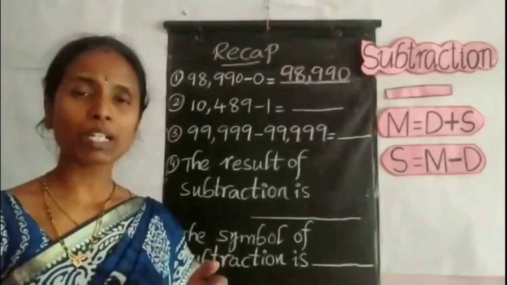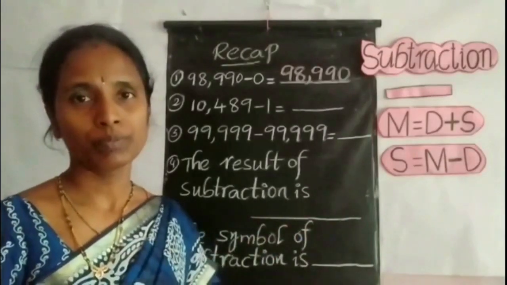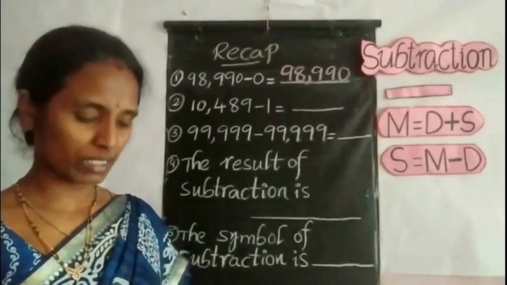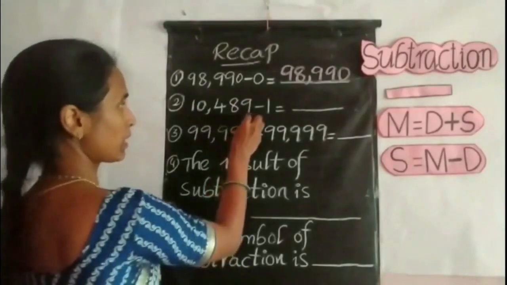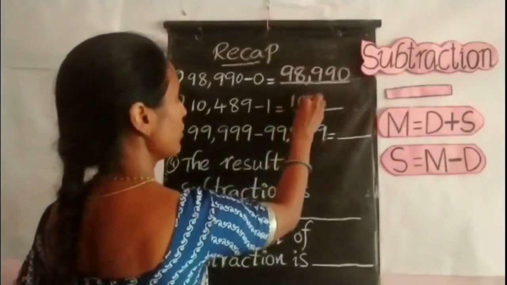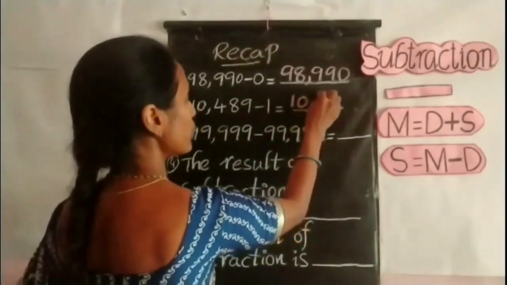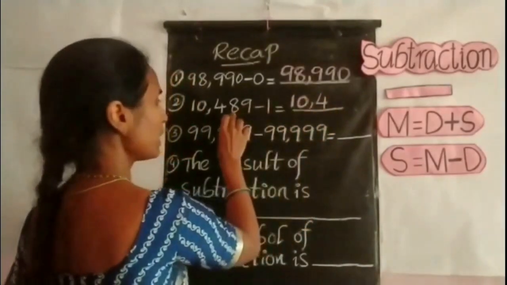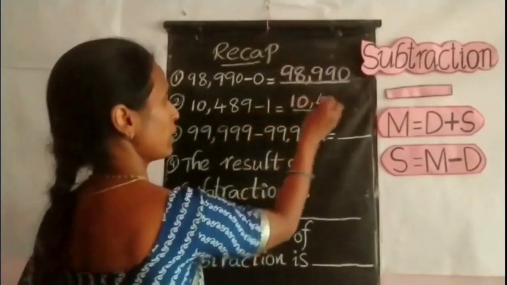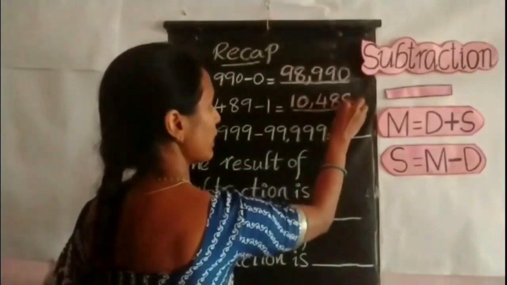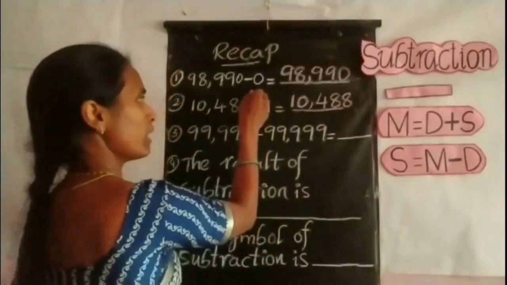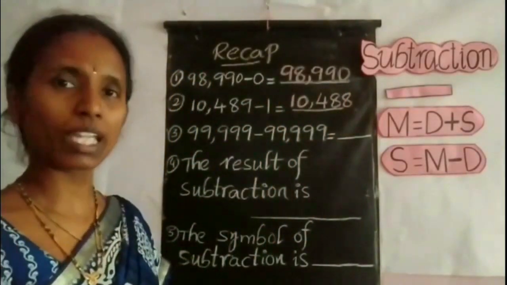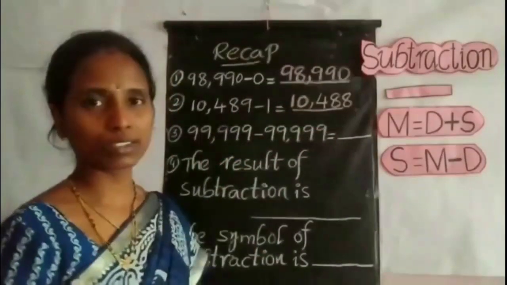If we subtract 1 from any number, we get the predecessor. So 1 should be subtracted. 10,488. 9 minus 1, 8. You just subtract 1 from the ones place. 9 minus 1, 8. The remaining places stay as they are.